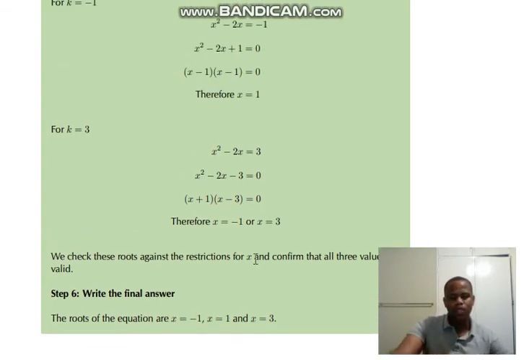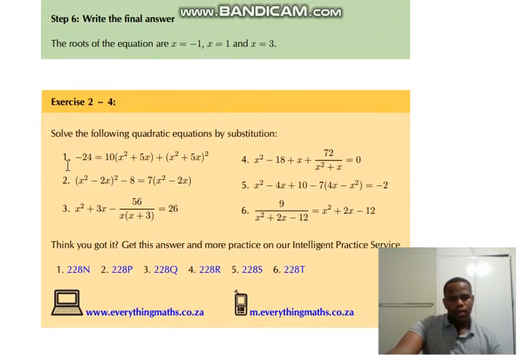I'll just go through some problems and show you how the method is not going to change. So what do you look out for? You look for your repeated root. No, not repeated root, I'm so sorry. Repeated expression. You look for your repeated expression. x squared plus 5x is a repeated expression here.